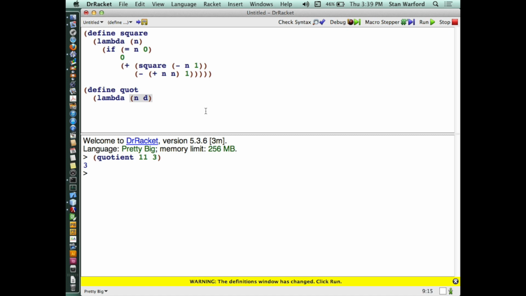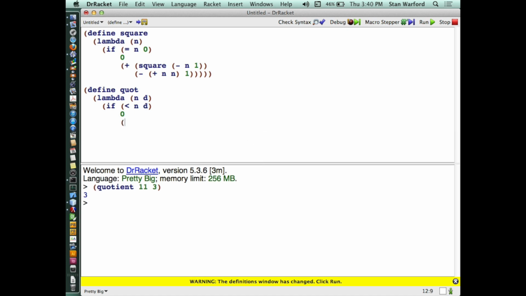Okay. Parentheses, less than n d, if n is less than d, then in that case, what is it? The 0. Otherwise, let's scroll down here.